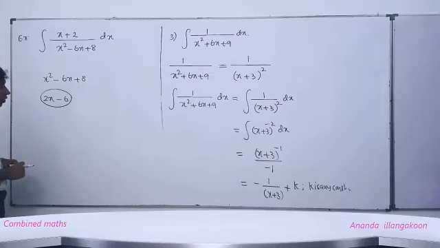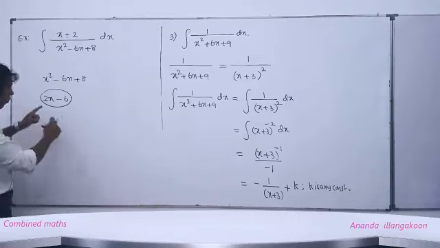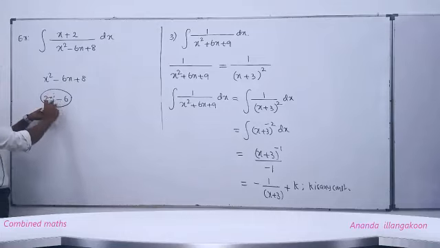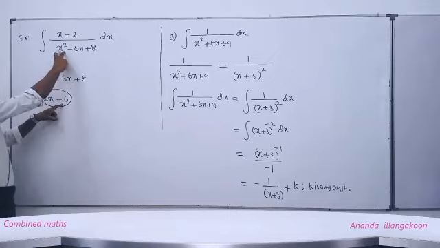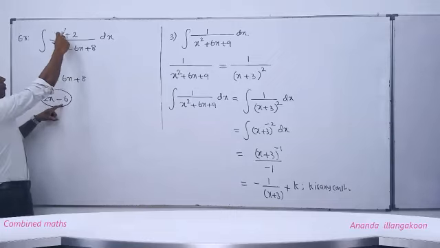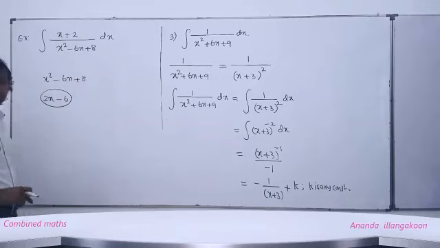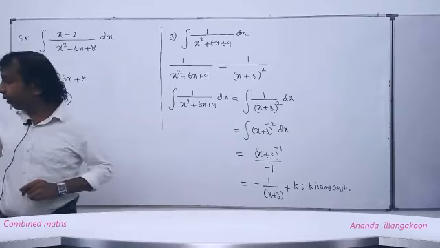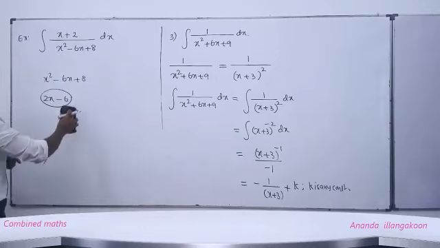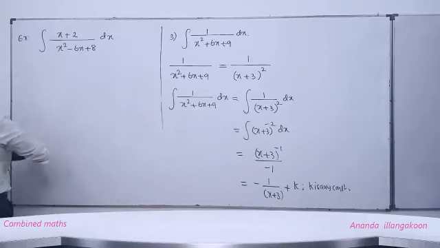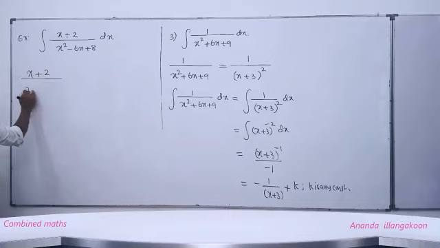Then this is what we do. First of all, the derivative 2x minus 6 of this denominator, we try to form at the numerator. Then this is what we have now: x plus 2 divided by x squared minus 6x plus 8.